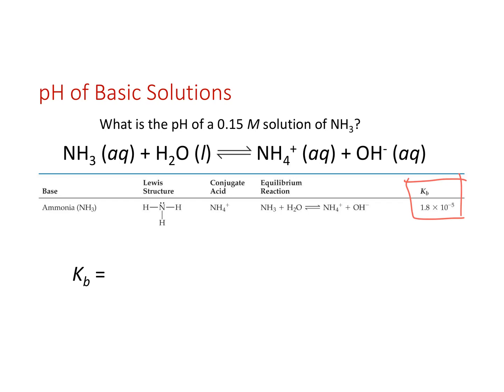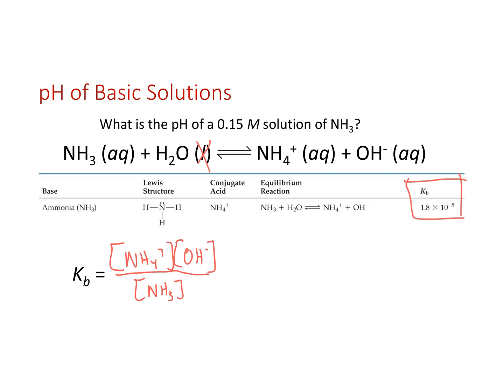I know the base dissociation constant. That expression, products over reactants, so the products are the concentration of ammonium times the concentration of hydroxide all over the concentration of ammonia. The water is ignored because it's a liquid.